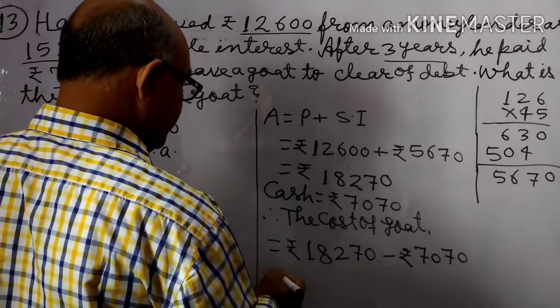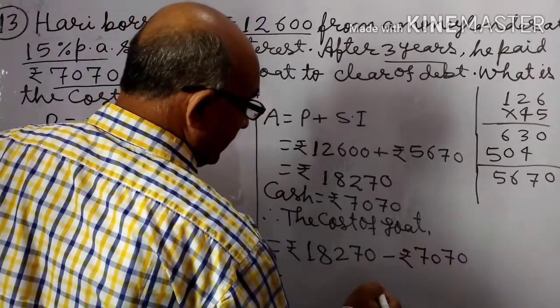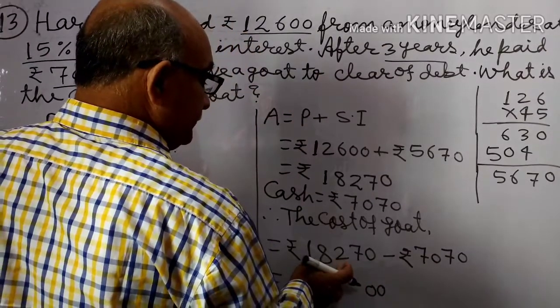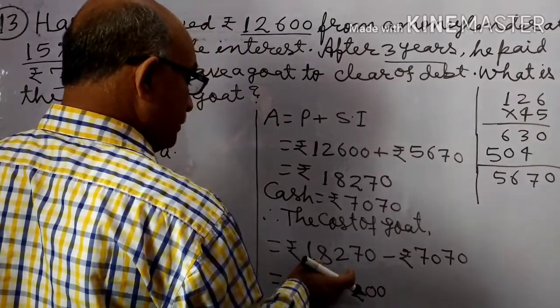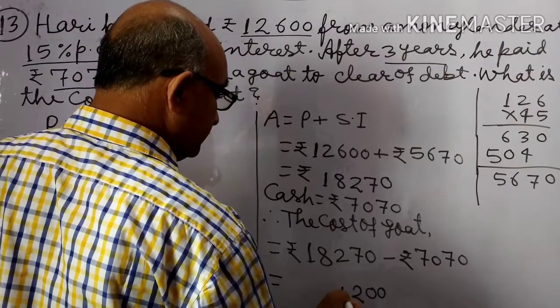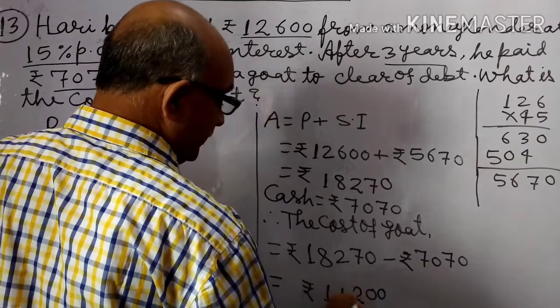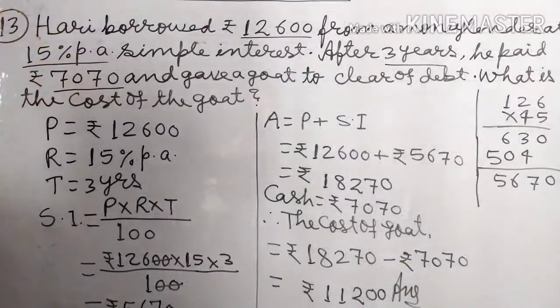Subtract it: 70 minus 70 is 0, 2 minus 0 is 2, 8 minus 7 is 1, and 1. Rupees 11,200 is the answer of this question.